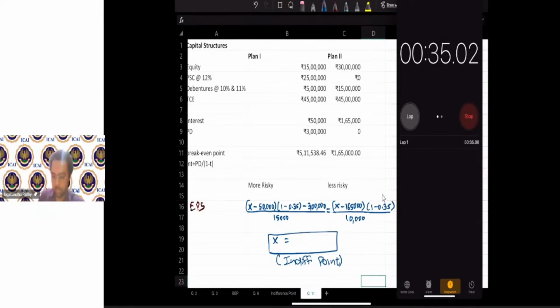Get the value of X. Halfway through, guys. Come on, quick.